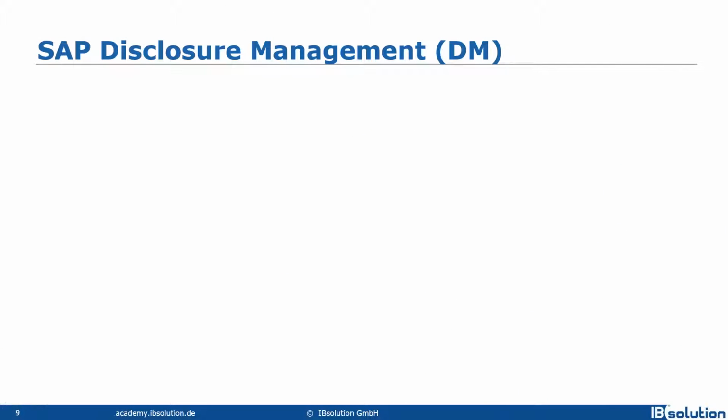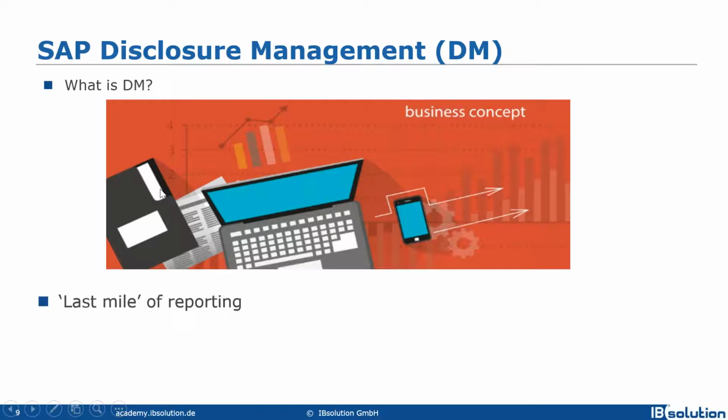So, SAP Disclosure Management is the first one that I'm going to show you. What is DM? Well, DM provides many things for organizations, the main one of which is that it's the last mile of financial reporting.